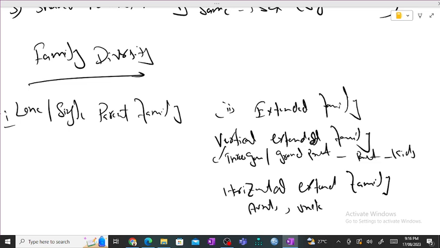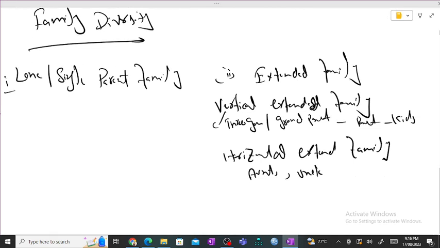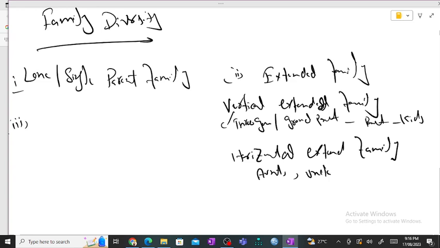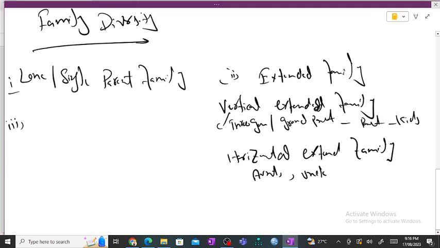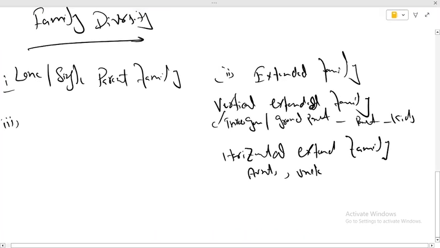uncles, living close to each other. Then we have matrifocal families. Third one, matrifocal family.